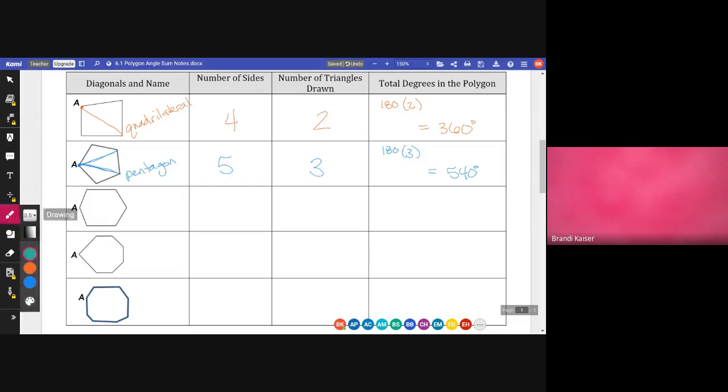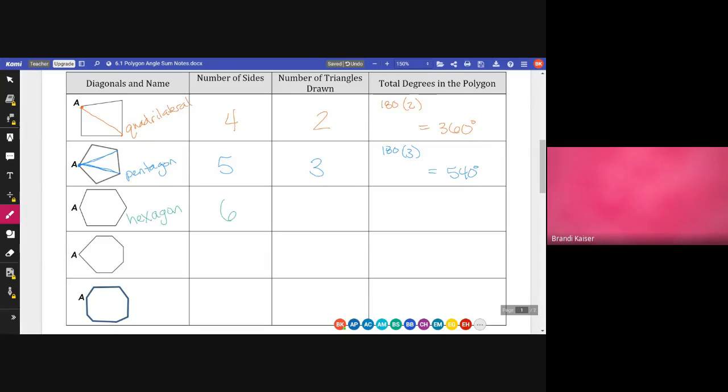For the next shape, if you count the number of sides, there are 6 sides, and all 6-sided shapes are called hexagons. You probably see them if you've seen how bees make honeycombs; they're the hexagon shape.